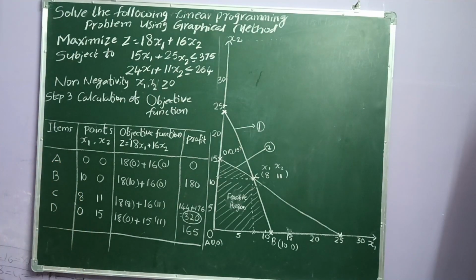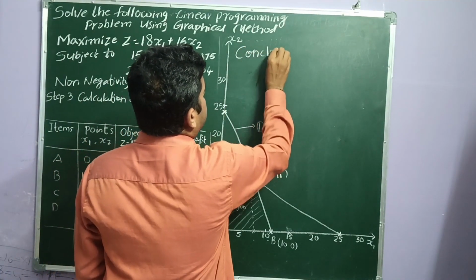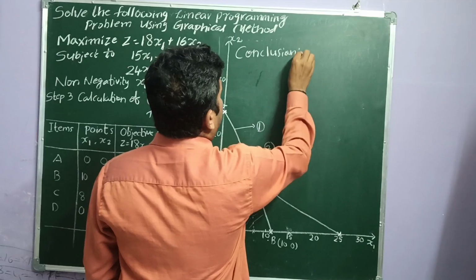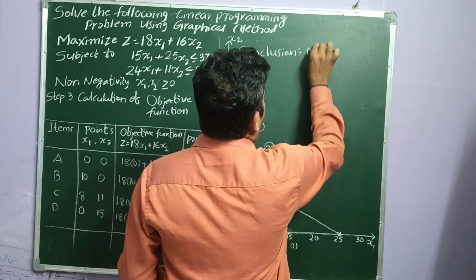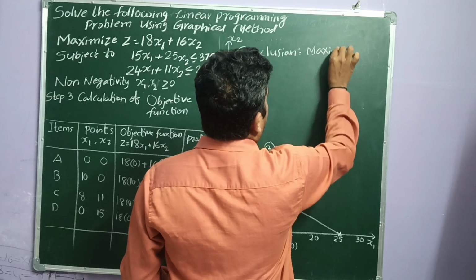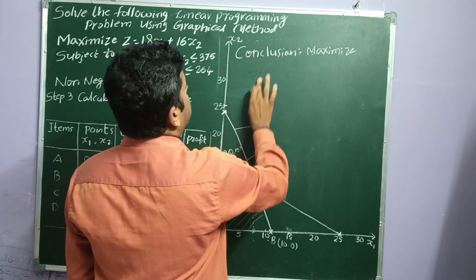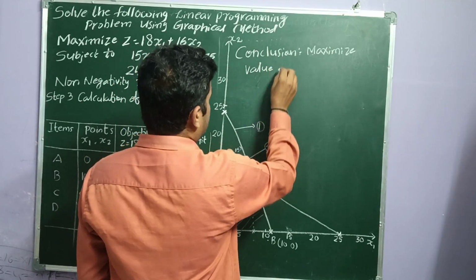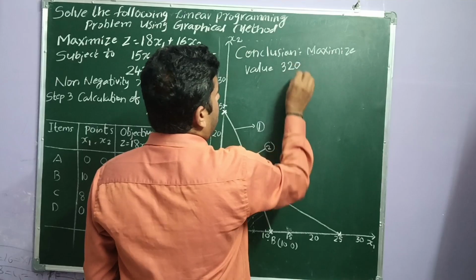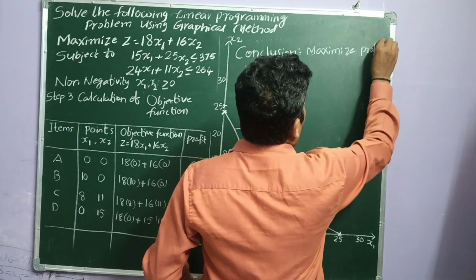Simply write a conclusion. The conclusion is: the maximum value of Z, or maximum profit, is 320.